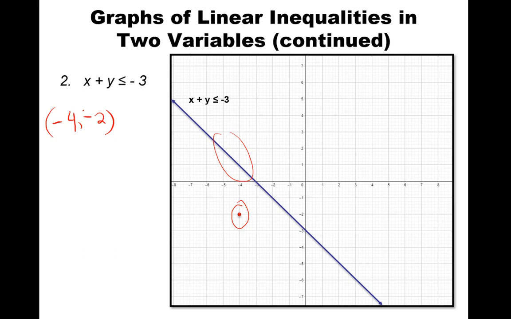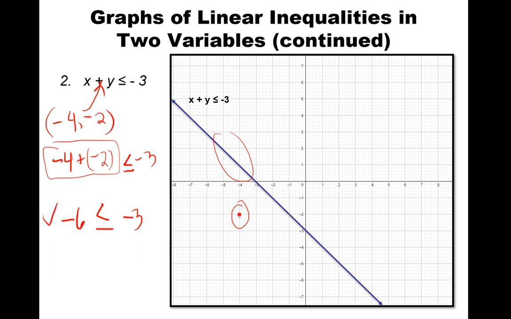Ano yung next na step? We have to substitute these values right here sa ating linear inequality. By doing so, we'll get -4 plus -2 is less than or equal to -3. Simplifying this one, we'll get -6 is less than or equal to -3.